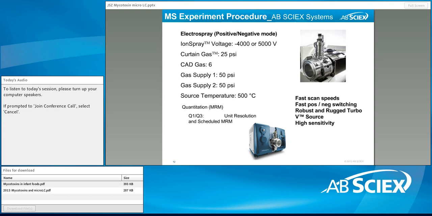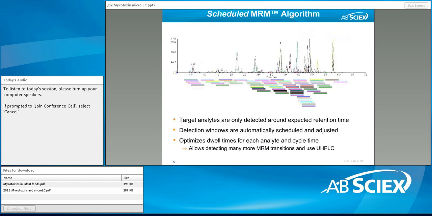And also the sensitivity of this instrument allowed us to reach the different regulations here. Also, scheduled MRM was used here for monitoring different kinds of mycotoxins. Why scheduled MRM?